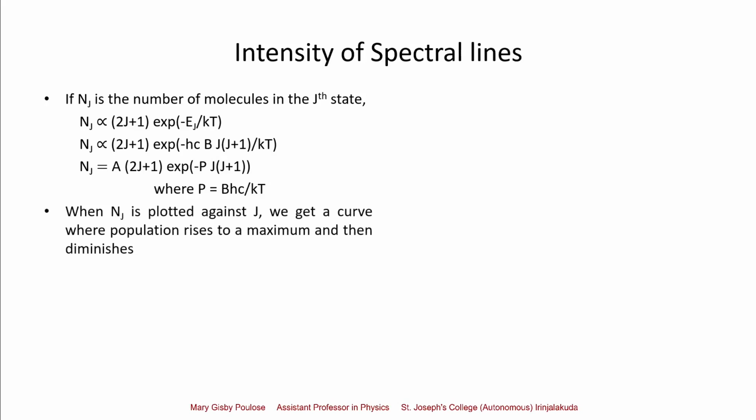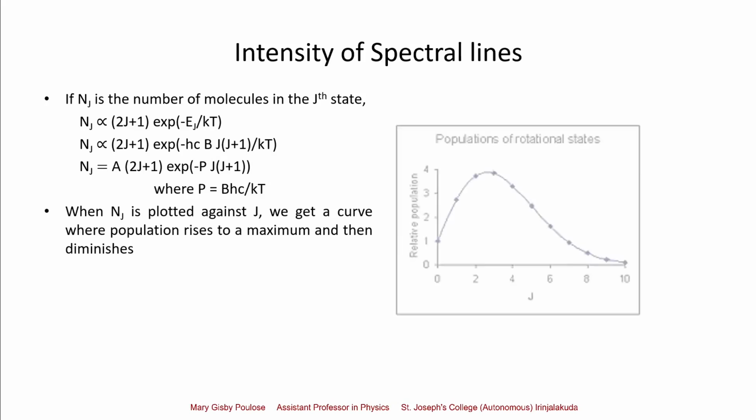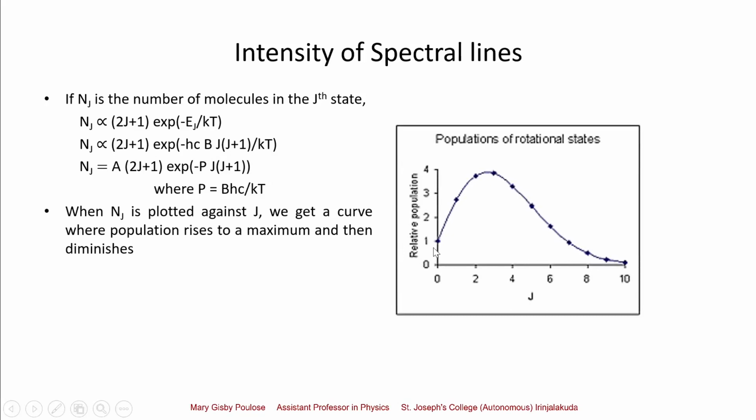When the population Nj is plotted against J, we get a curve. The nature of the curve is like this. From this curve we can understand that the population rises as the J value rises. It rises up to a maximum, and after that particular J, it decreases. So even if there are different J states, the maximum population will be in a particular J state.